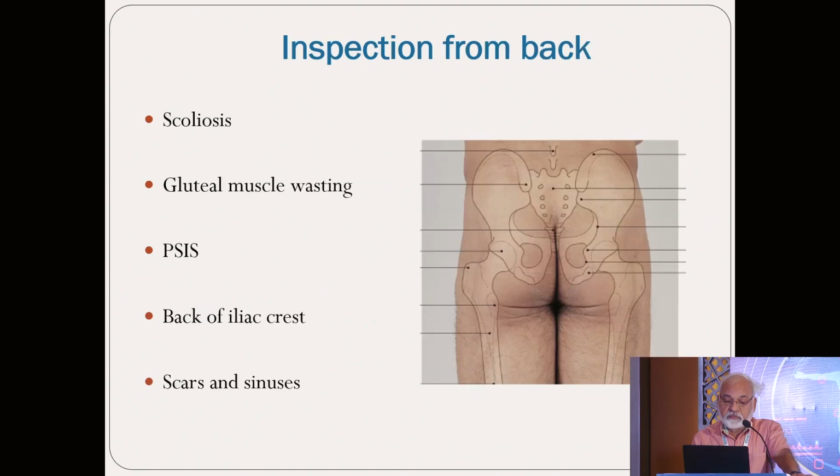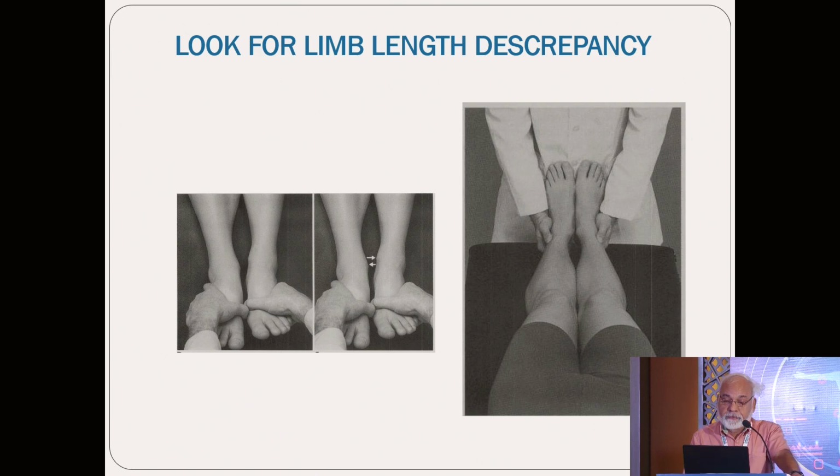Then inspection from the back: look at the spine for scoliosis, any wasting, any positioning of the PSIS, posterior superior iliac spine, back of the iliac crest, or any scar or sinuses, to know about any infection that happened earlier or any surgical procedure that has been done on the person.